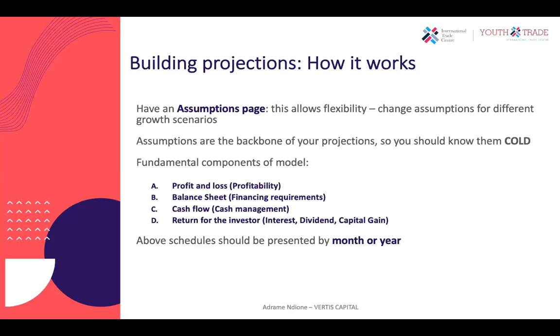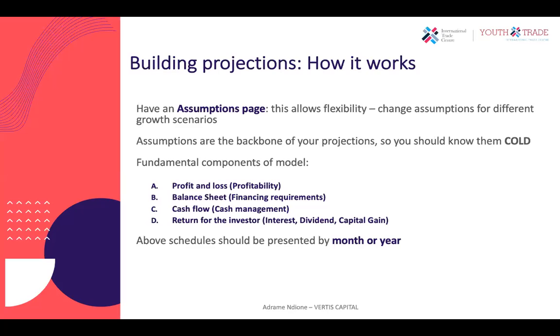The balance sheet, that's where we'll see the investments, the financial requirement, etc. The cash flow statement, that's where you manage your cash. And the returns: the investor wants to see if he'll get returns from everything you have said and everything you are doing, right? Really important. That's what I will show you.